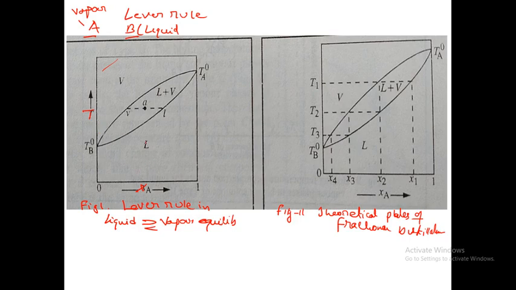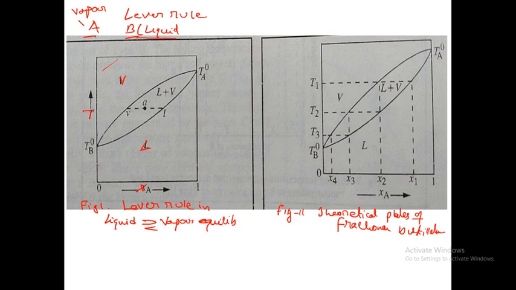the liquid phase L, and the liquid and vapor phase. So B is more volatile as compared to A, because this liquid can turn readily into the gas phase.